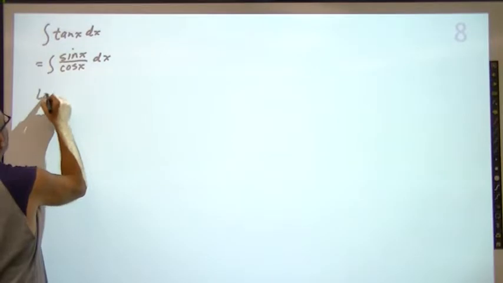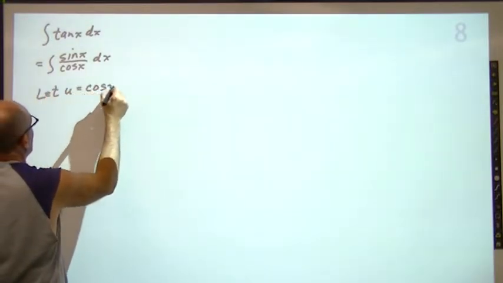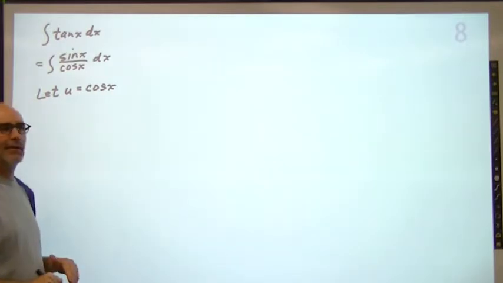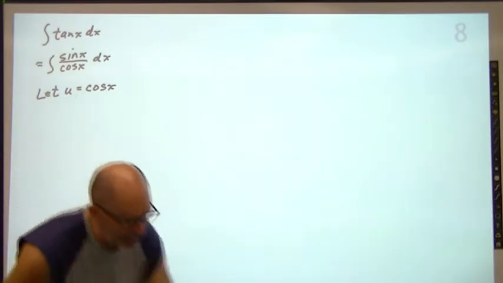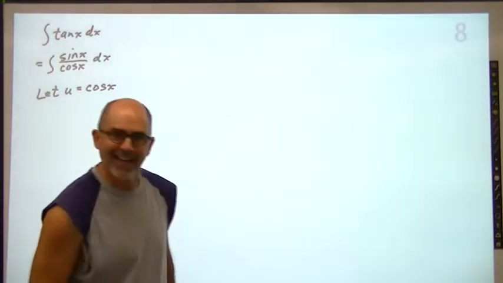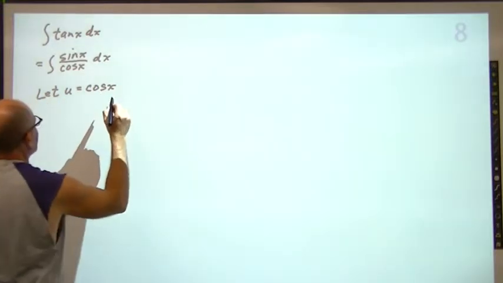So if I let u equal cosine x, the period isn't over yet. Don't worry about that. Okay, so u is cosine x.